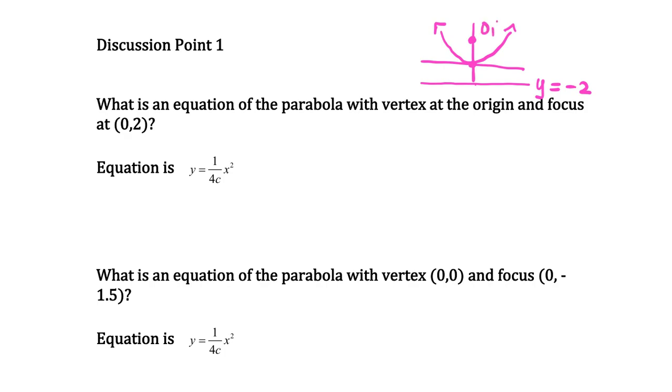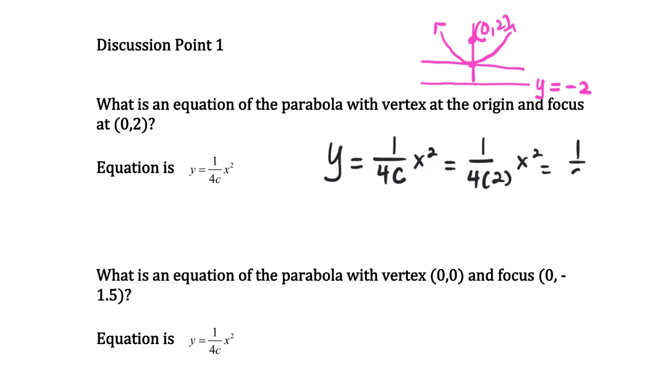And my c is 2. So to find the equation, I just have to substitute in y equals 1 over 4c x squared. So I have 1 over 4 times 2 x squared, which gives you 1 over 8 x squared. So the equation is y equals 1 over 8 x squared.